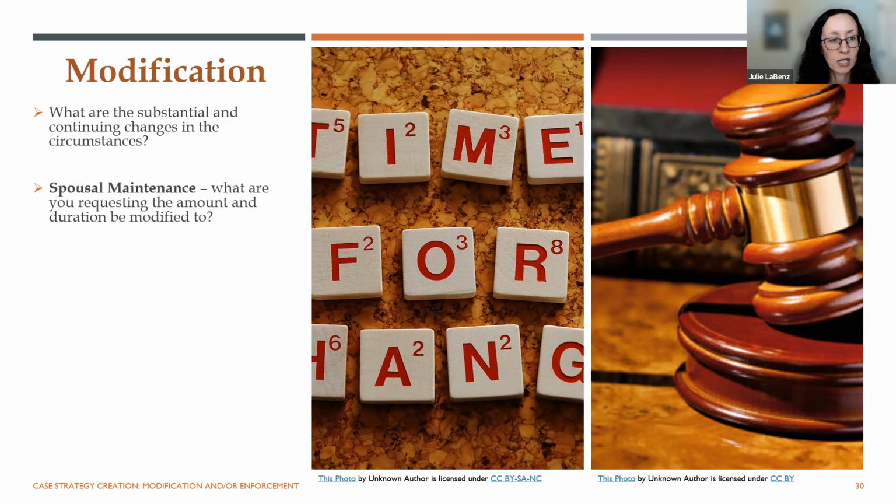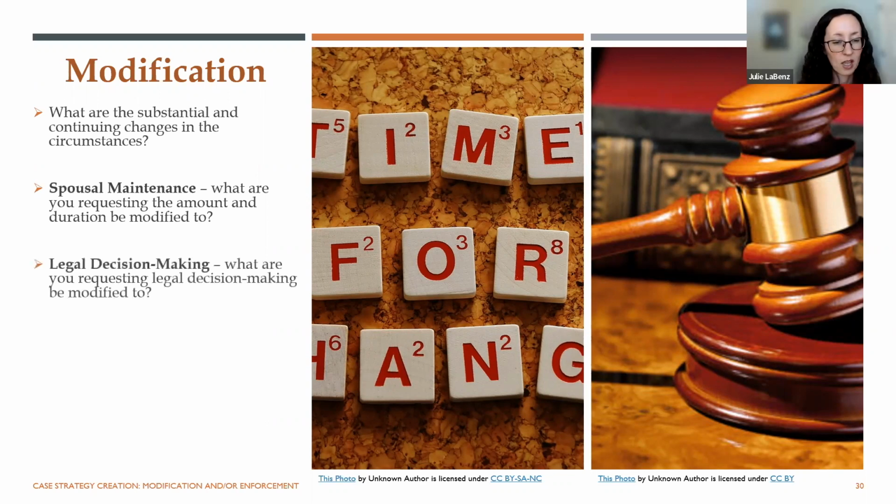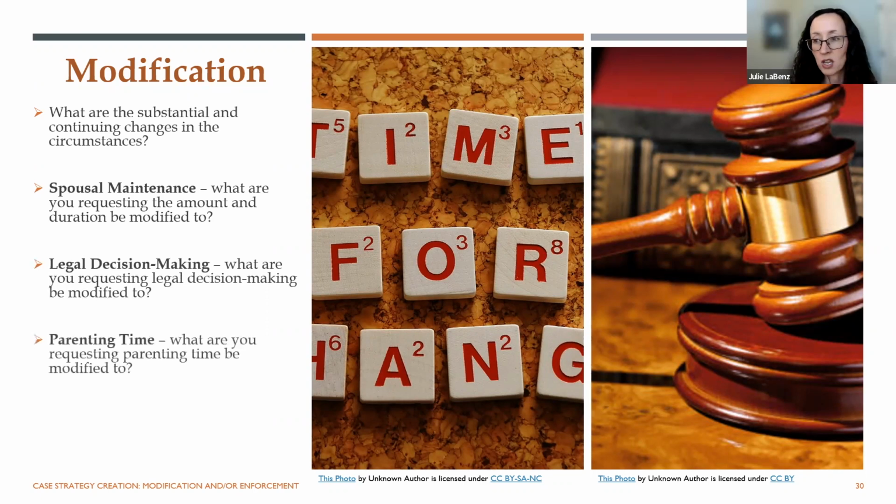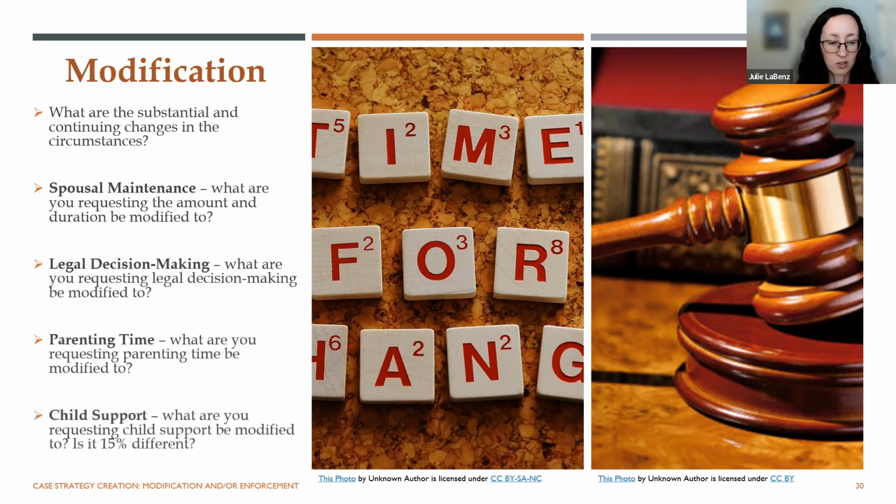If you've determined that there are substantial and continuing circumstances that merit modifying spousal maintenance, then what are you requesting the amount and duration be modified to? For legal decision-making, what are you requesting legal decision-making be changed to? Same thing for parenting time and same thing for child support. And are you at that 15% difference?